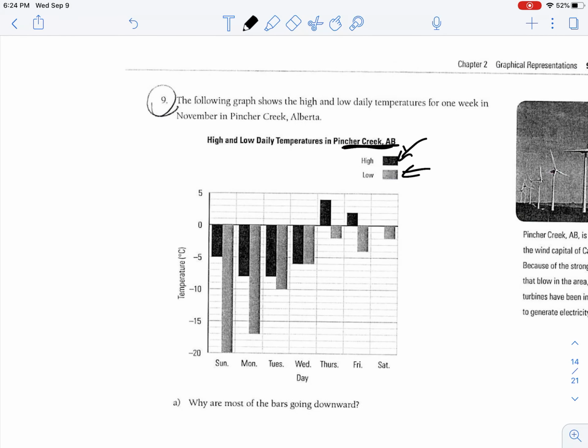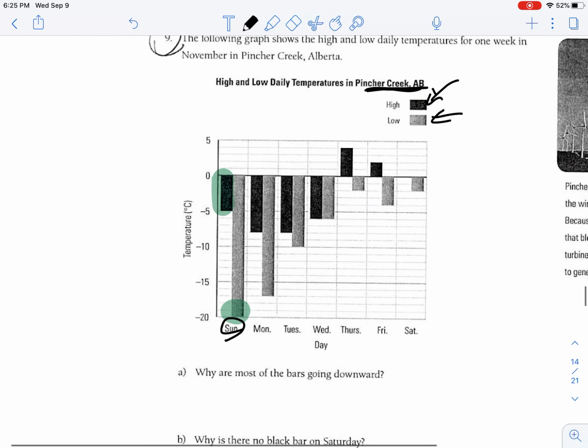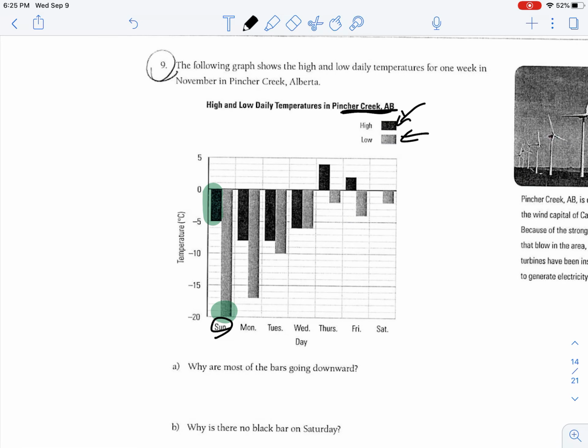Now recognize we have a high and a low, so that's why the legend's really important. The high of the day for Sunday here is -5 degrees, and the low for that day is -20. That's a huge difference. That's a really warm day versus a very cold day.